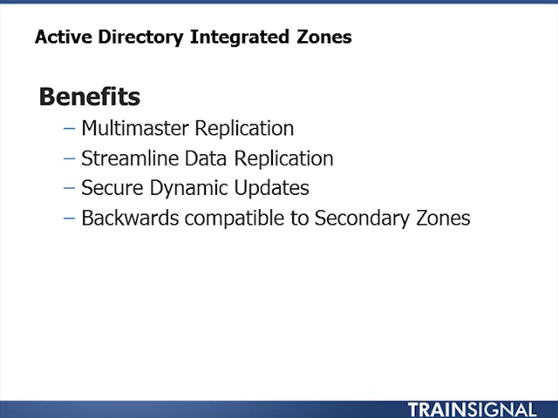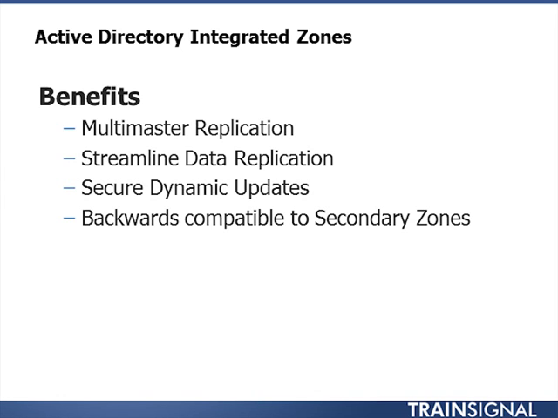And some of the benefits that come along with that is that, first of all, we have what's called multi-master replication. So instead of having one primary and then everyone else has to be a secondary, where you have one master read-write copy and the rest are all just read-only copies, we now have multi-master. We can have multiple DNS servers that all have the ability to not just respond to queries, but can update the database as well.